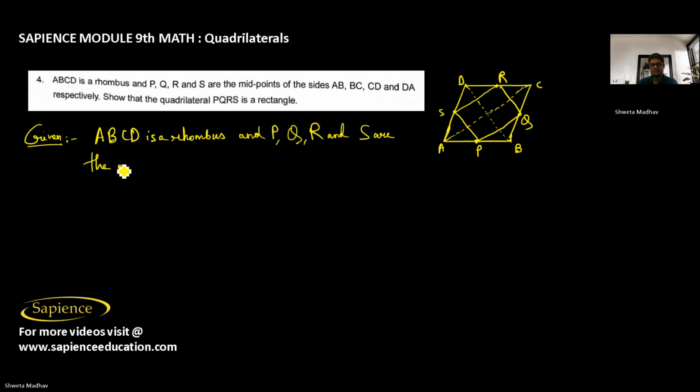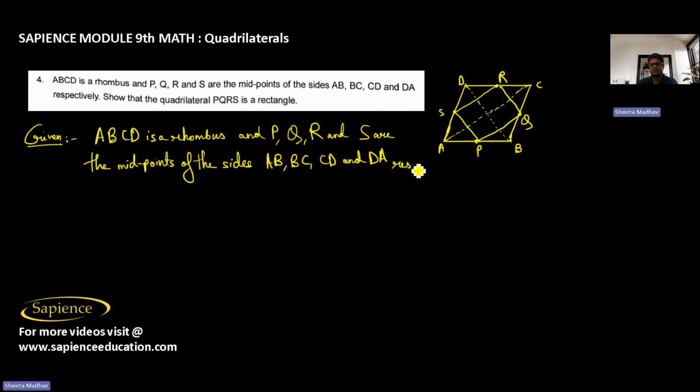So it is given that ABCD is a rhombus and P, Q, R, and S are the midpoints of the sides AB, BC, CD, and DA respectively.